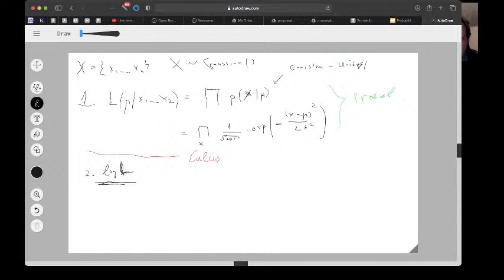So your second step is finding the log likelihood. Your third step, now you're interested in finding the maximum log likelihood, MLE, which is basically finding the derivative and setting it to 0, the same way that we did in calculus to find the maximum of a function.